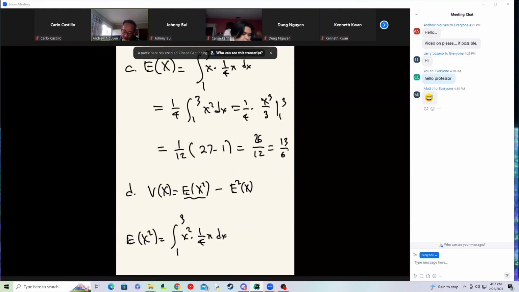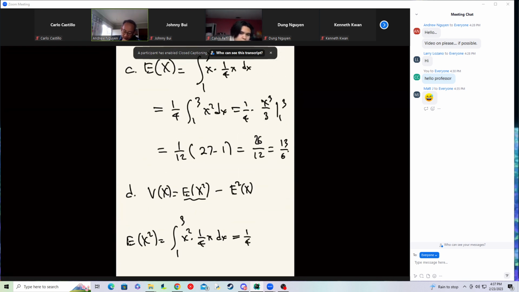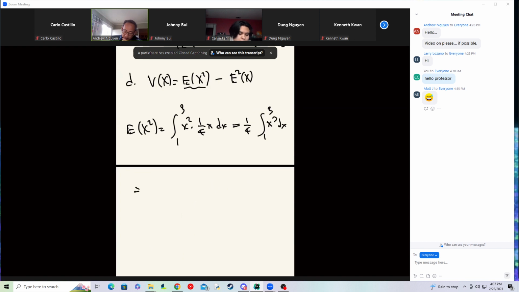Again, I pull out 1/4, and inside I get x cubed dx from 1 to 3. The antiderivative of x cubed is x to the 4th over 4, from 1 to 3. So 1/16 times (3 to the 4th power, that's 81, minus 1), so 80 over 16, which is 5. So E[X squared] is 5.